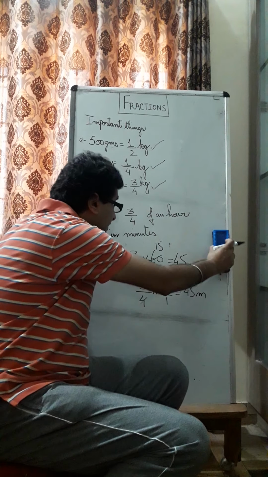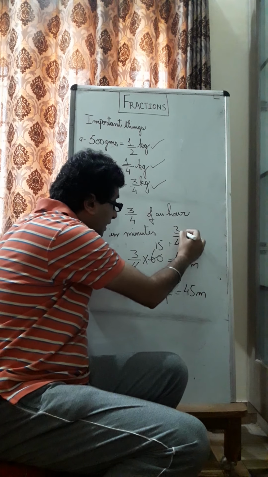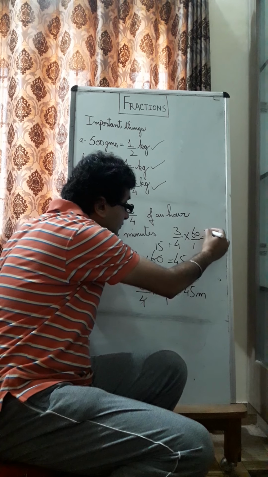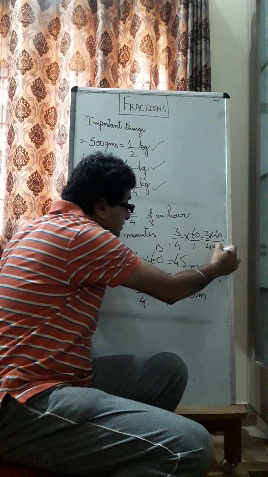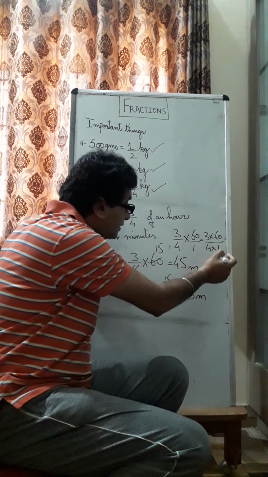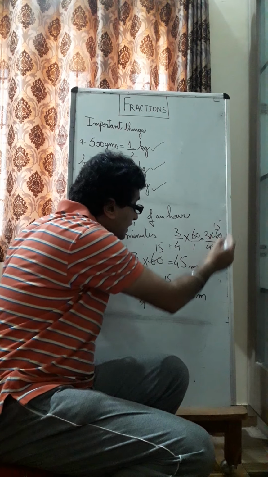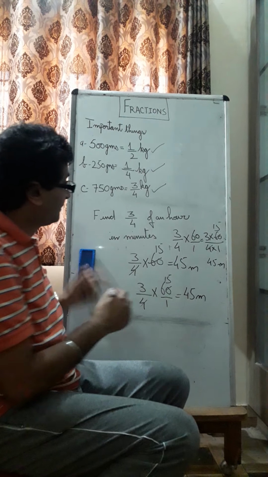Or you can even do it like this, 3 by 4 into 60 over 1, so it will lead you to 3 into 60 over 4 into 1. So 4 into 1 you know is 4 only, right? So 1 will make no difference. So 4 15s are 60, 15 3s are 45. So 45 minutes again, the answer will be the same, right?